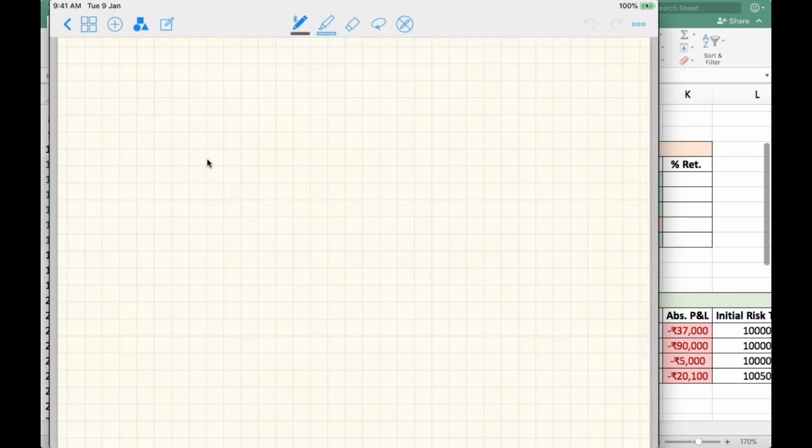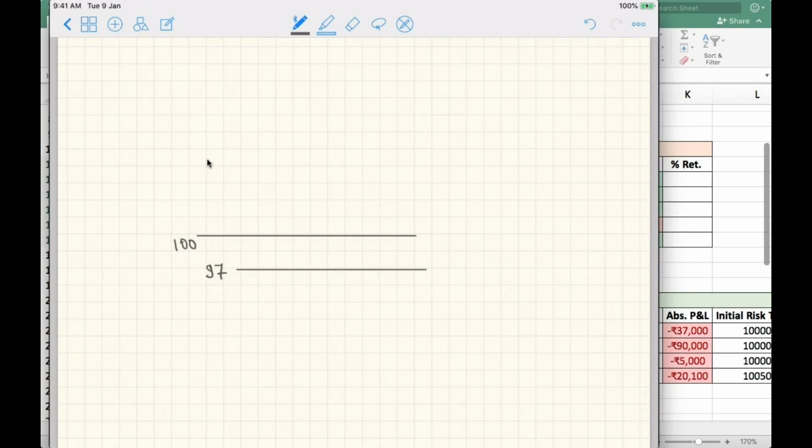You figured out a trade to be taken tomorrow at 100 rupees. If the stock goes above 100, I will buy. And if I take this trade, I am going to put a stop loss at 97.